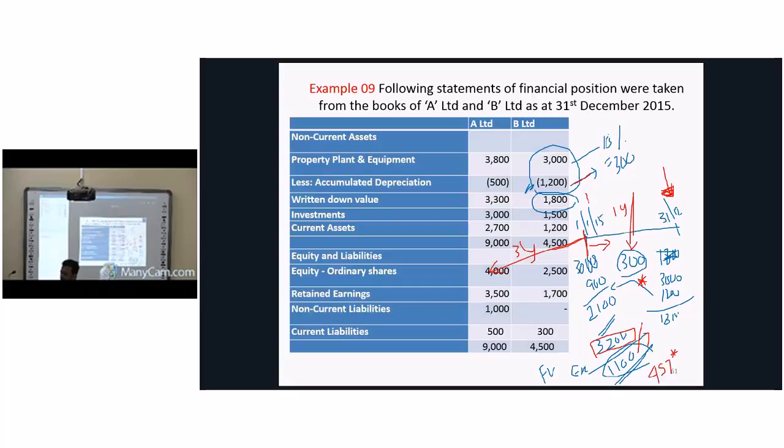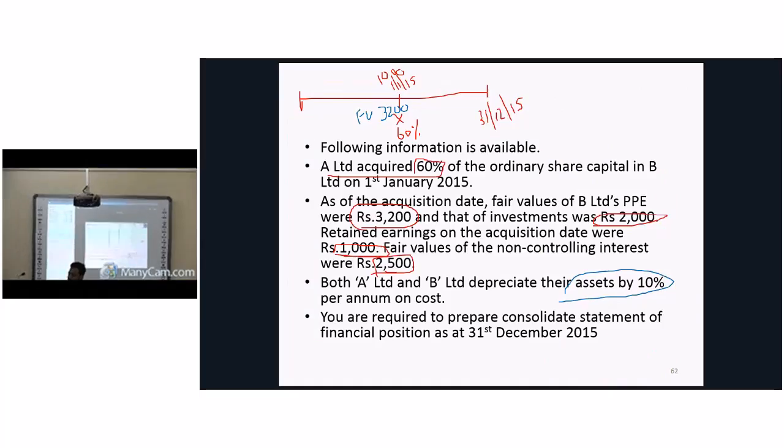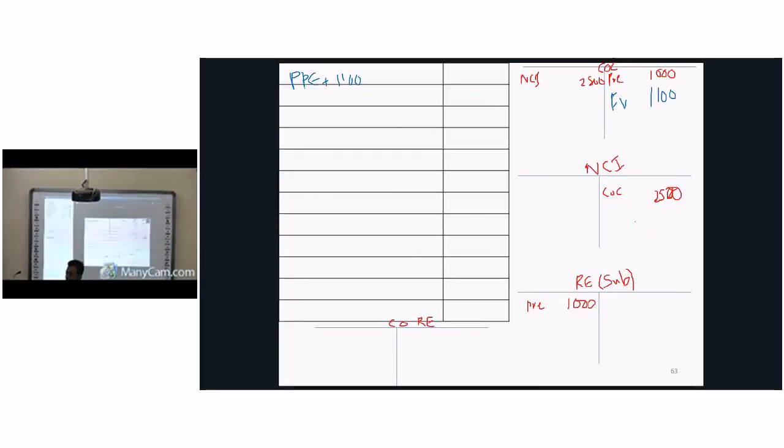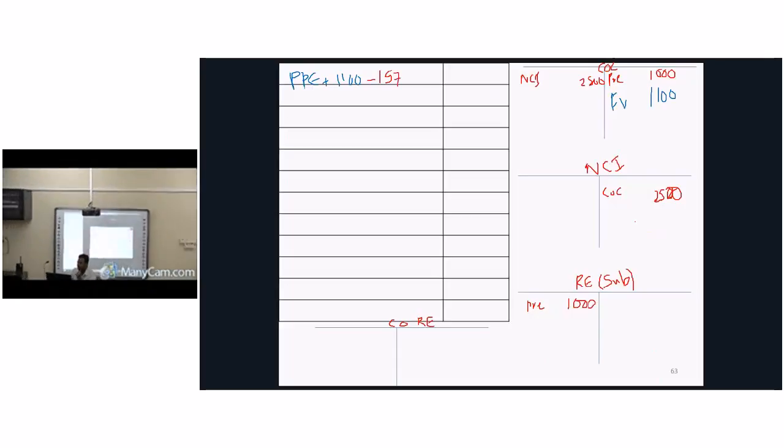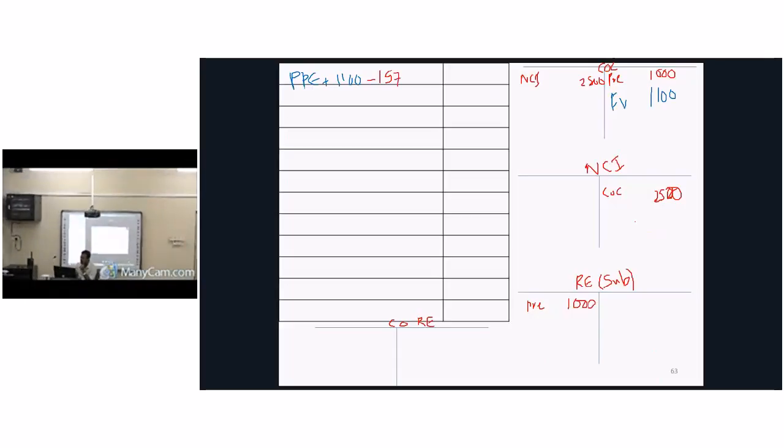So how to charge depreciation? 157 property, plant and equipment, PPE account credit, and debit it to subsidiary's retained earnings as 157. This is depreciation.